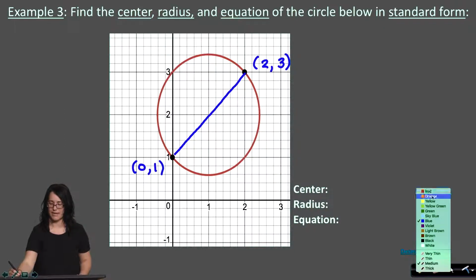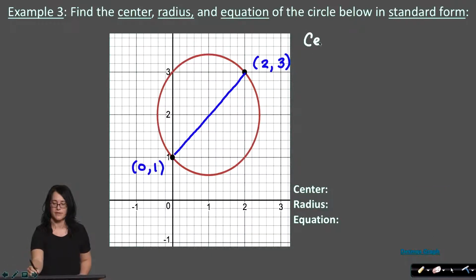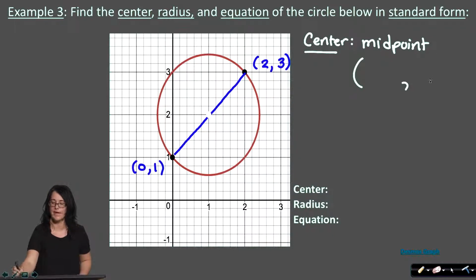So what did we do last time when finding these pieces of information? Well, to find the center, which formula did we need to use? The center is going to be somewhere in the middle there, right? So that would be the midpoint between those 2 points in the diameter of the circle. So the midpoint formula, again, took the average of my x's and the average of my y's.